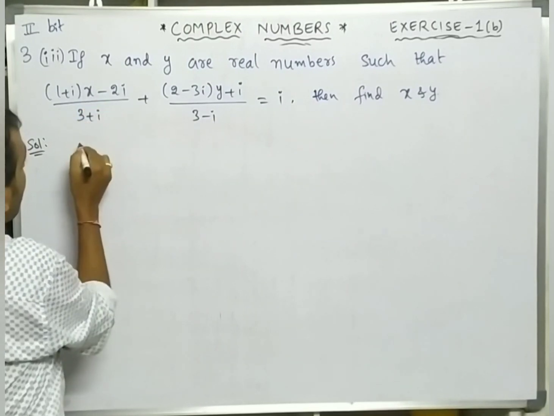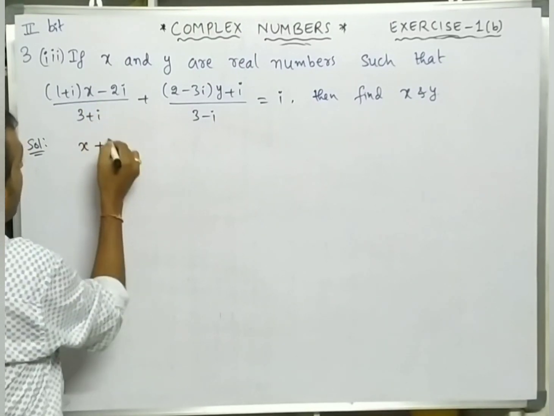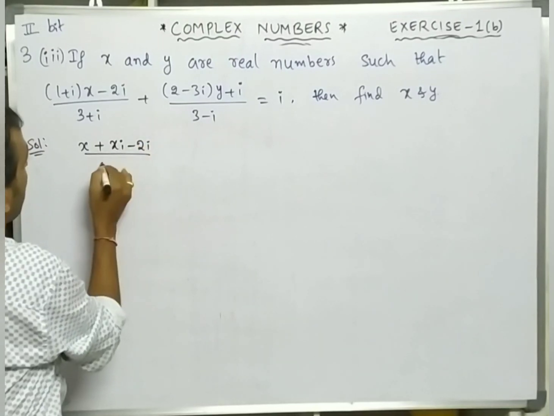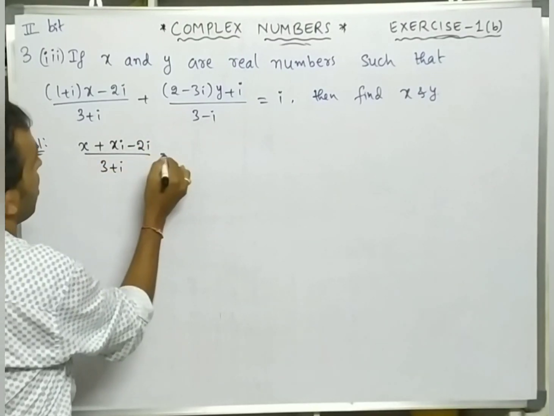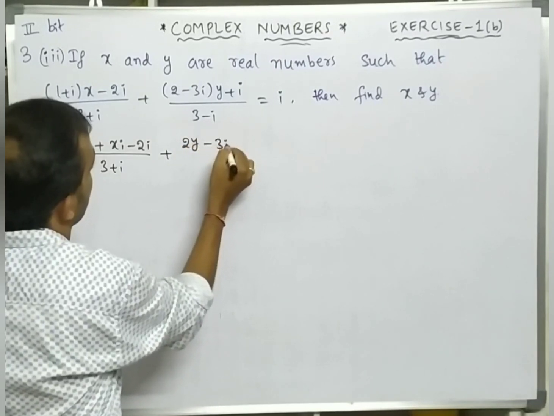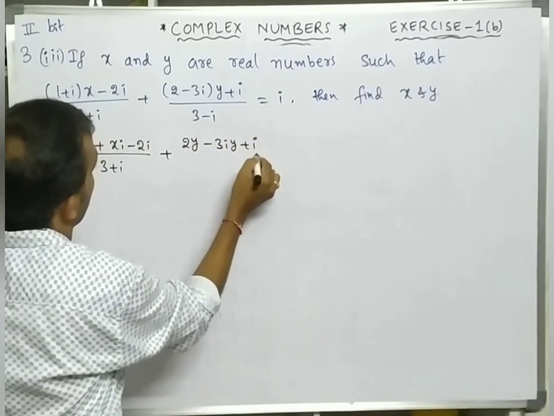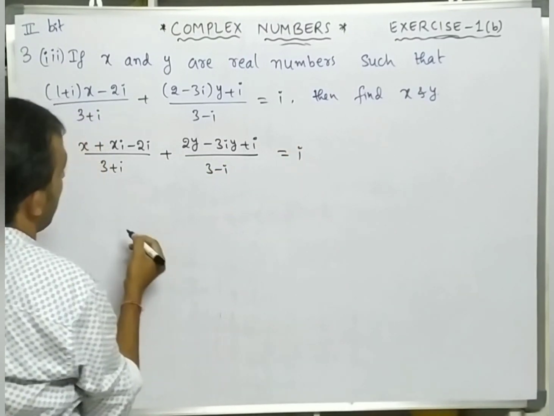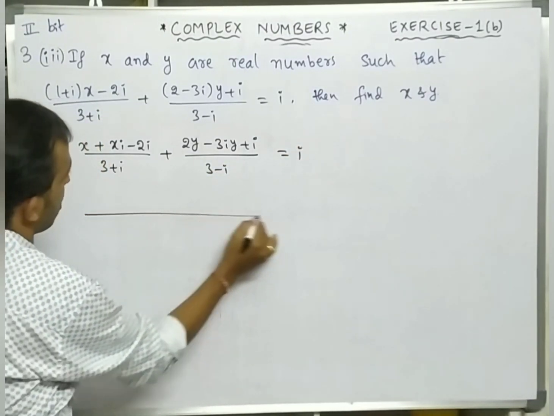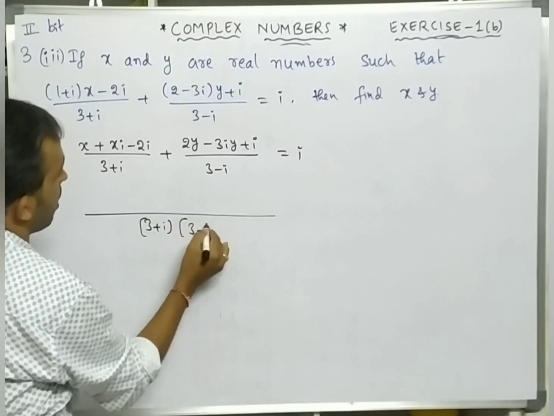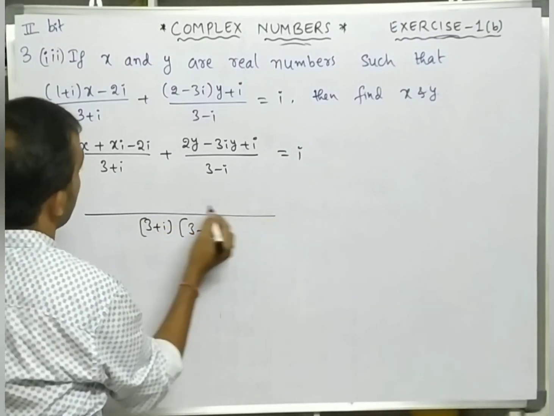So 1 into x, that is x, plus i into x, xi, minus 2i by 3 plus i, plus 2 into y, 2y, minus 3iy plus i by 3 minus i is equal to i. Now here, (3 plus i) into (3 minus i) is the LCM.